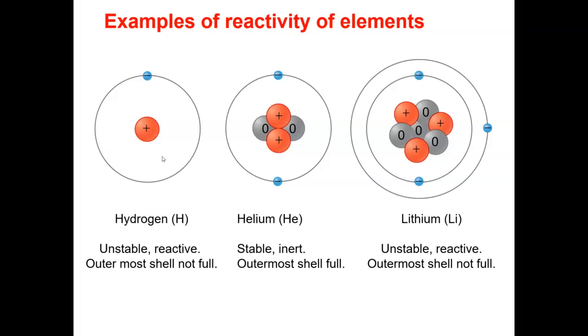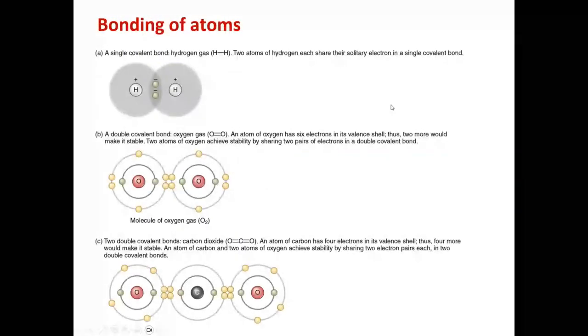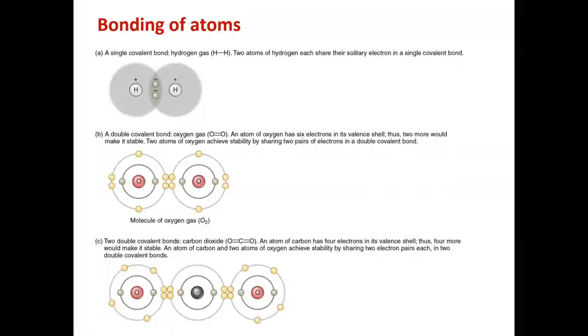But we've got diagrams. If two hydrogen atoms would come together side by side, each one has one electron, but would like to have two and be stable.